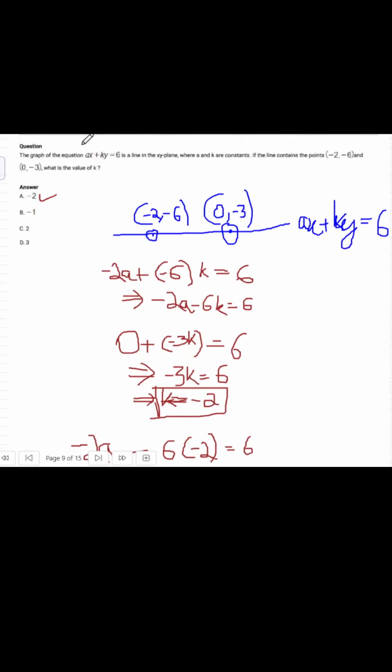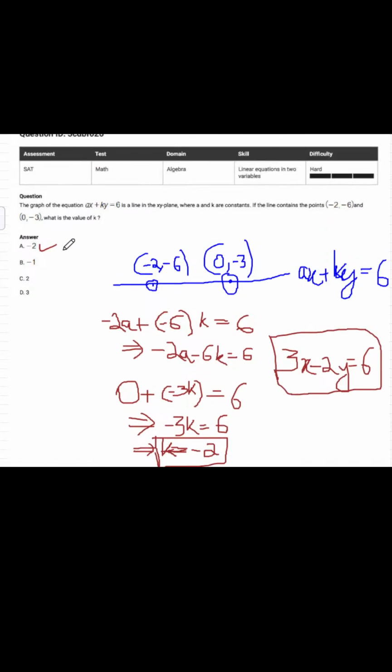So the equation will be 3x minus 2y after putting in the values. This is the equation of the line. So the correct answer is minus 2, because k is minus 2.